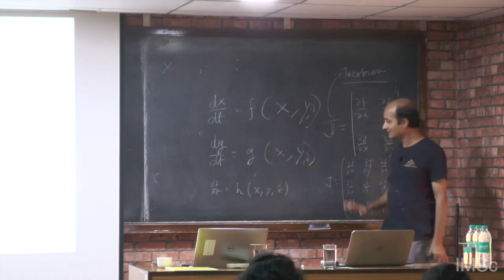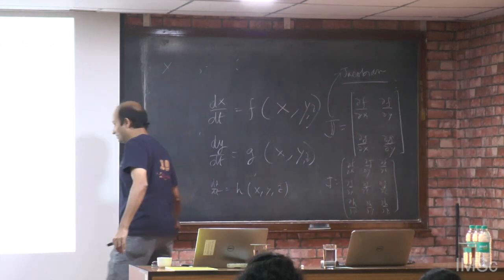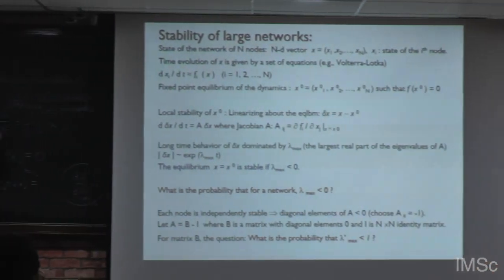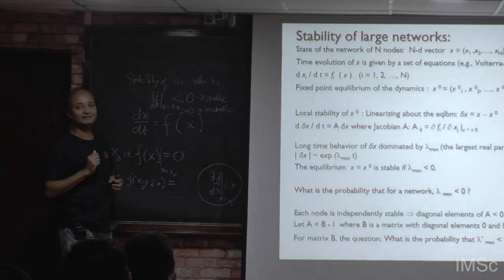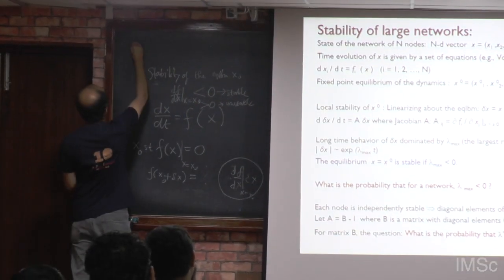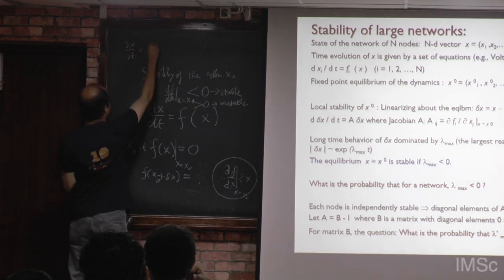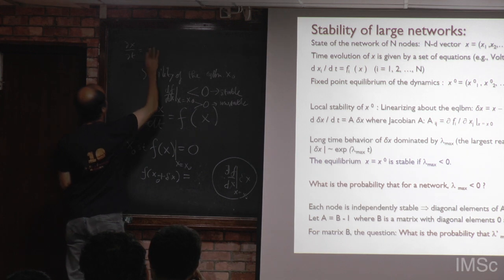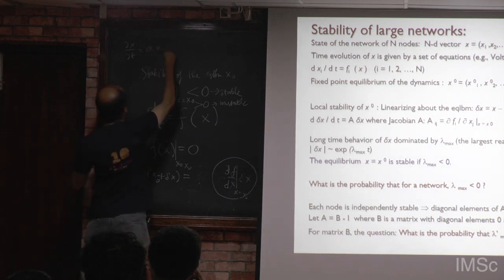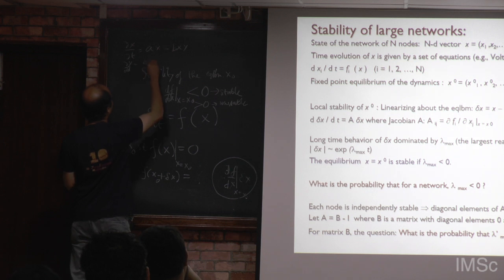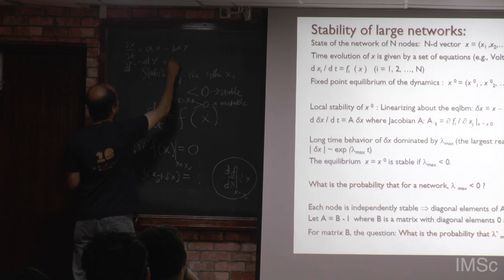Suppose you go back to the Lotka-Volterra system, and you say that I am primarily interested in whether... so let us say you write del x/del t equal to ax minus bxy, and del y/del t equal to minus dy plus cxy.